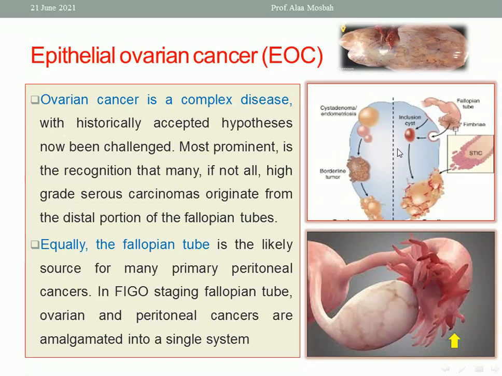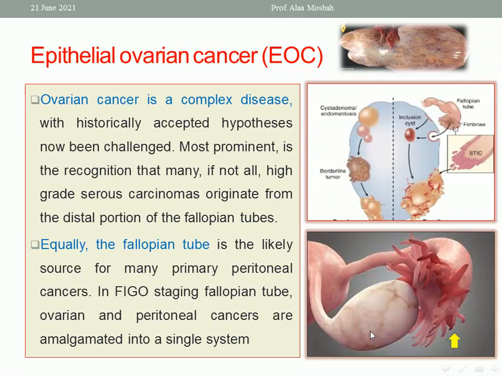This is the new. So the fimbrial end may carry intraepithelial carcinoma or serous carcinoma and reach the ovary and start as if it is a primary ovarian serous carcinoma, specifically the high-grade serous carcinoma.